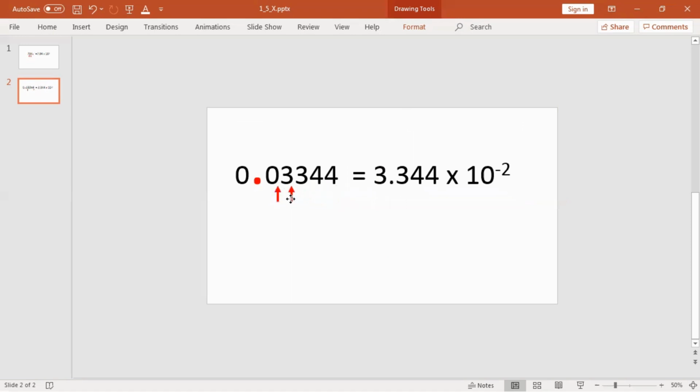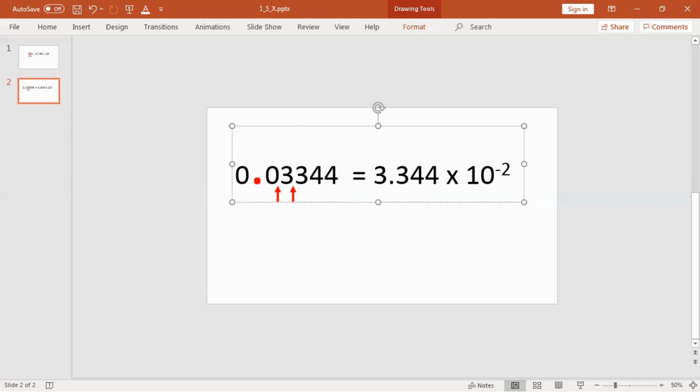I have to move everything, shift it all over. So if we move the decimal point to the right, we have to use a negative integer for the exponent, and the magnitude of that negative integer is the number of places we've moved it to the right, and it's 2.